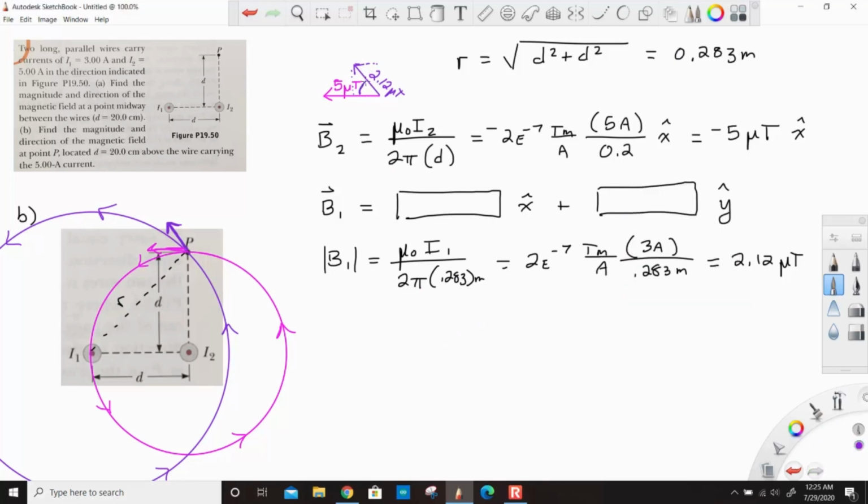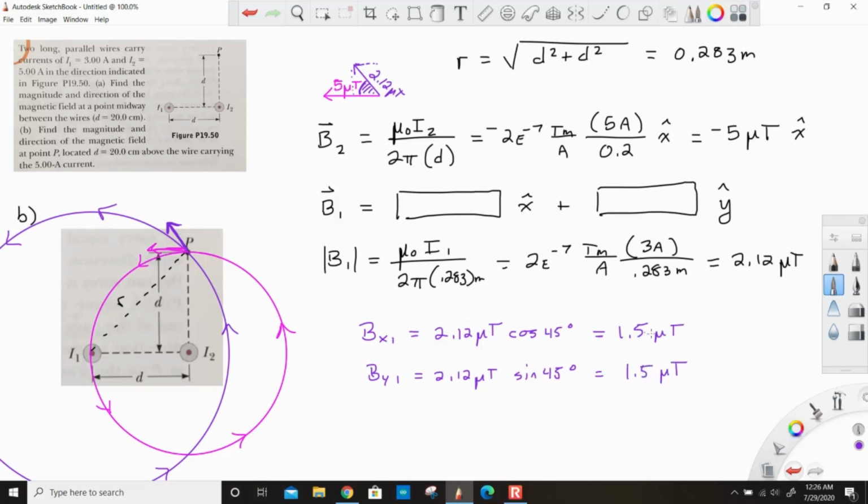So what is going to be our x component and what is going to be our y component? Well, the x component of this is going to be given by 2.12 microtesla times the cosine of 45 degrees. Same for the y component, because we have the lucky situation that it's at 45 degrees, it should end up with the same number, and that is 1.5 microtesla for each.